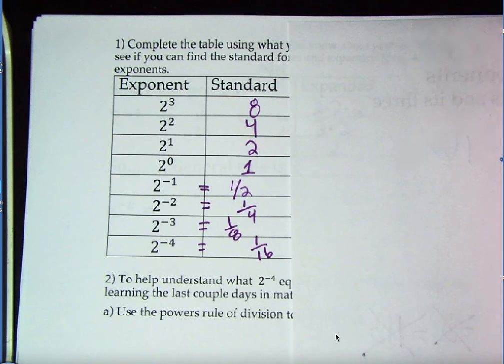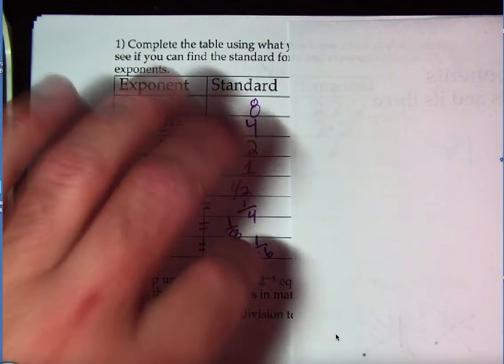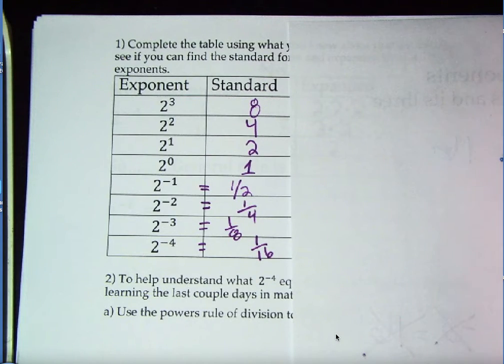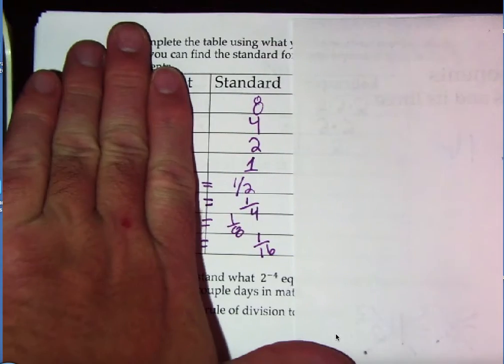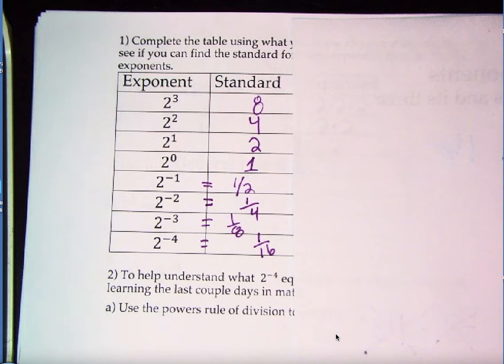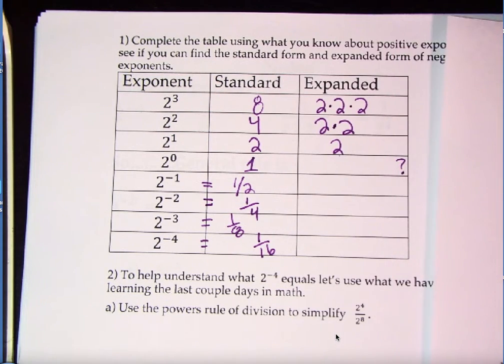What's the standard form of negative exponents? What do we seem to get? And people say fractions. Yeah. It's weird, but it works. So negative exponents have something to do with fractions. The key to really understanding it is understanding the expanded form. So I'm about to have you try to explore that.